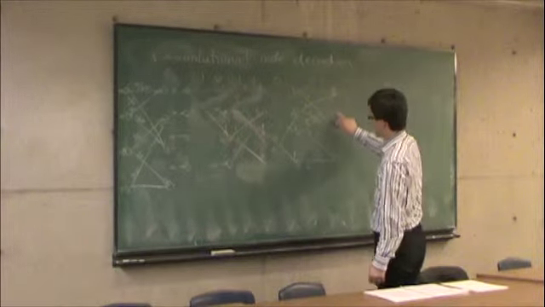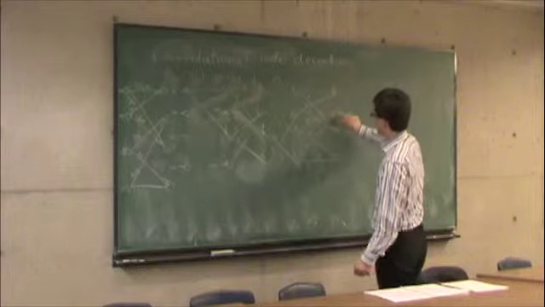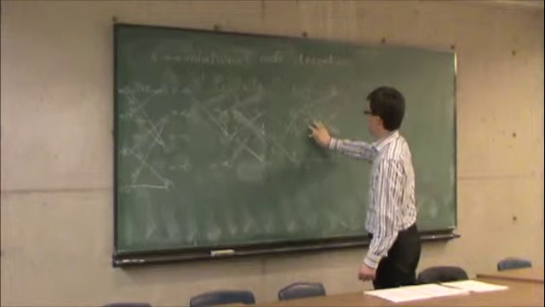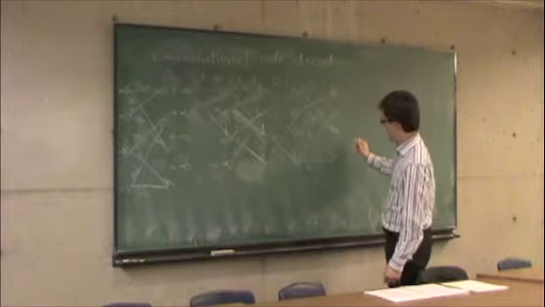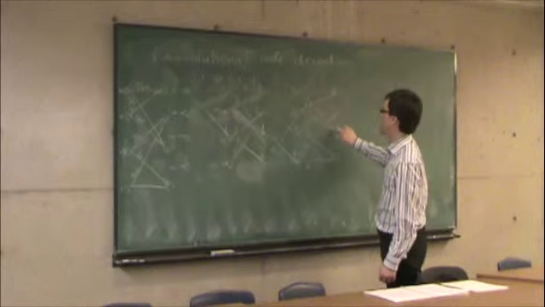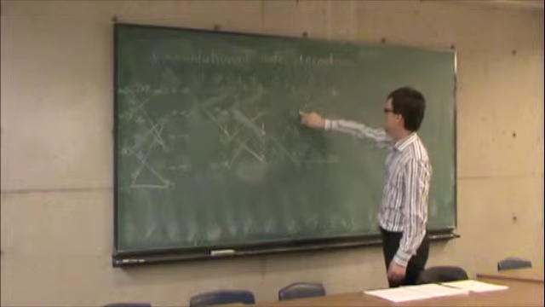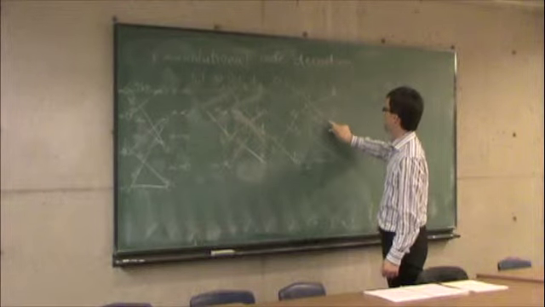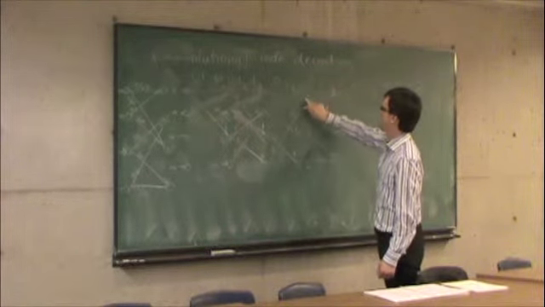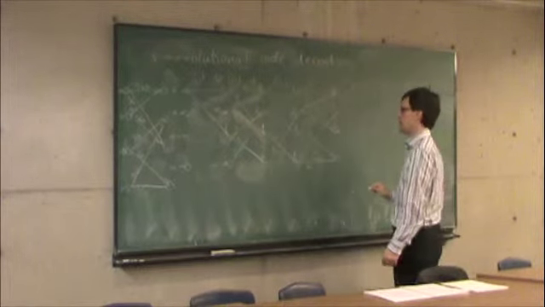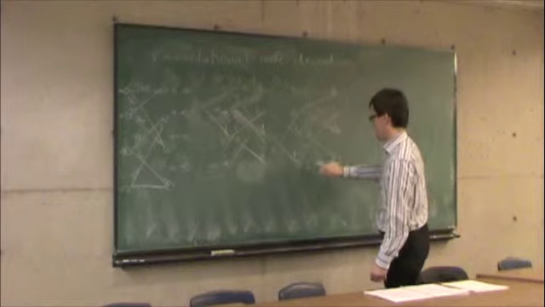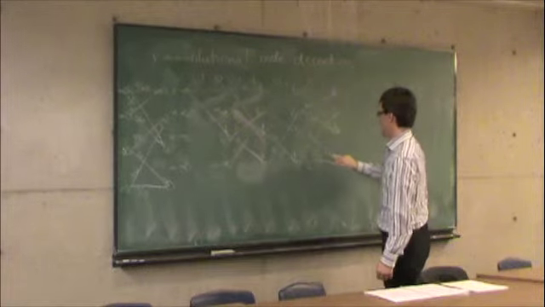Here I have 3 plus 2 is 5. 1 plus 0 is 1. Here I have 3 plus 1 is 4. 2 plus 1 is 3. And here I have 1 plus 2 is 3. 3 plus 0 is 3.